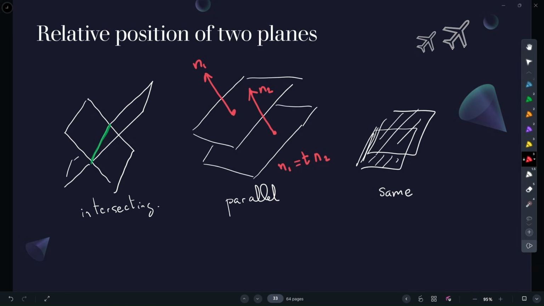The intersection is empty. But in the case that they're exactly the same, they will also have normal vectors that are a multiple of each other, and every point is in the intersection. So we'll be able to tell these positions apart by investigating the normal vectors and the intersection.